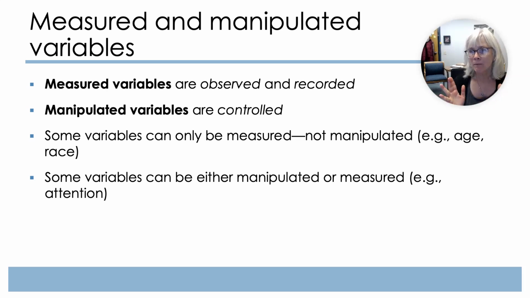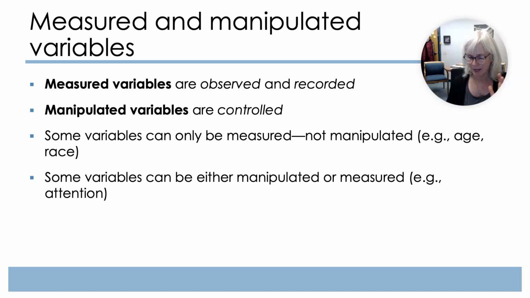So some variables can only be measured. So things like age, gender, race, those are measured variables. Some can be either manipulated or measured. Speed at which one runs, attention.